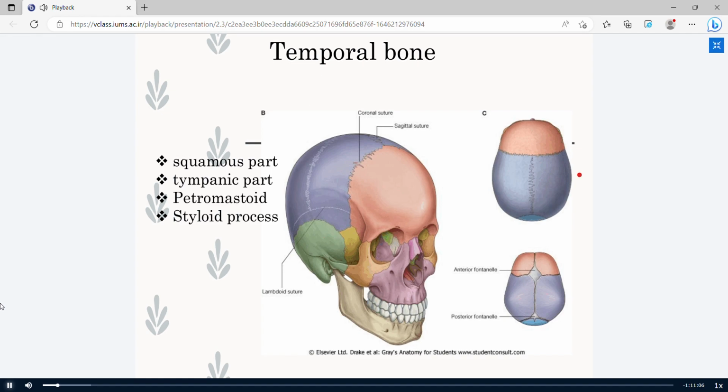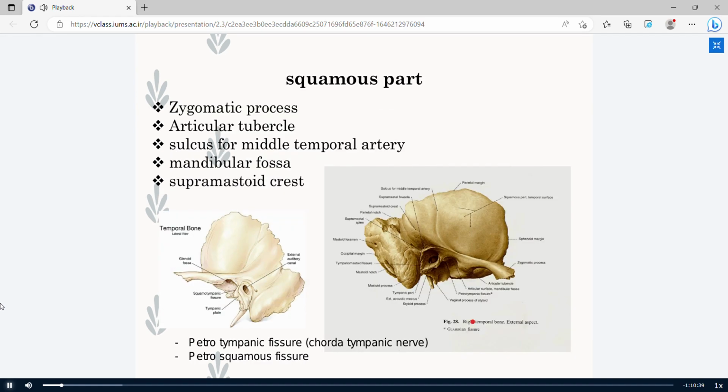Temporal bone forms the infralateral part of the skull and the base of the skull, and includes four portions or four parts: a squamous part, petromastoid part, styloid process part, and tympanic part.